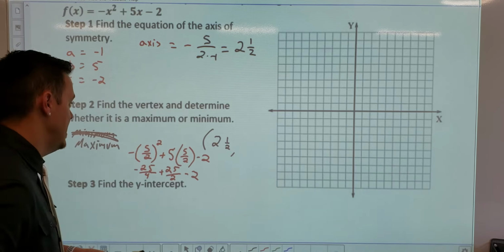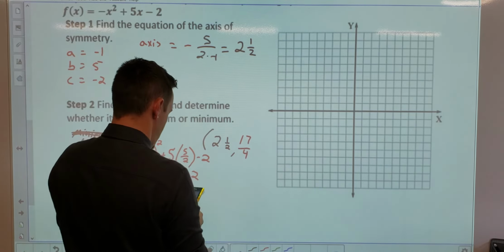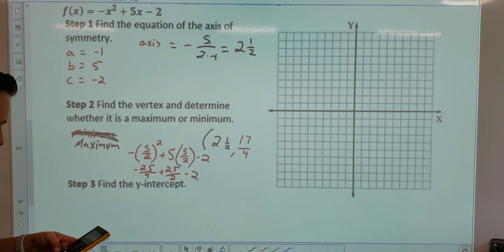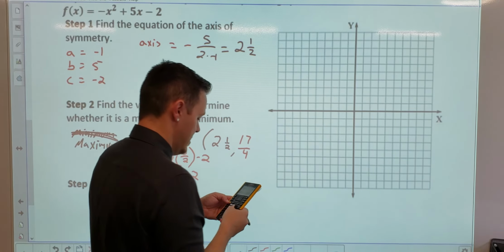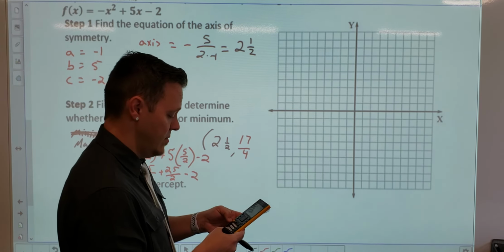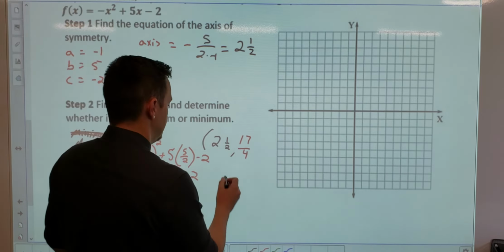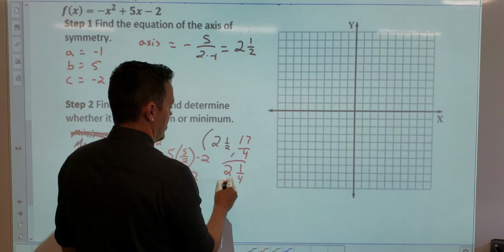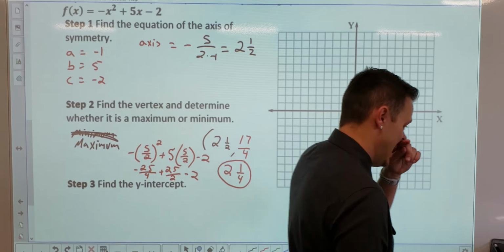So it comes out to be 17 divided by 4, which is 2 and a quarter. Okay, so it comes out to be 2.25.